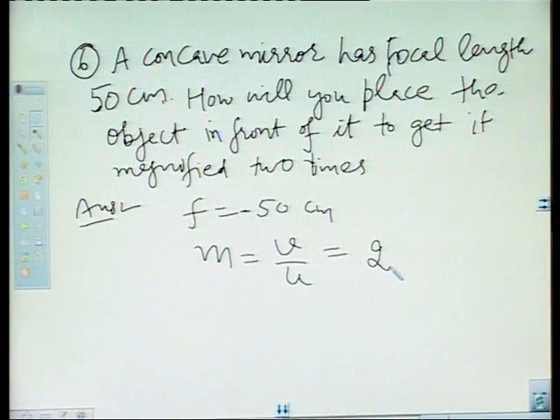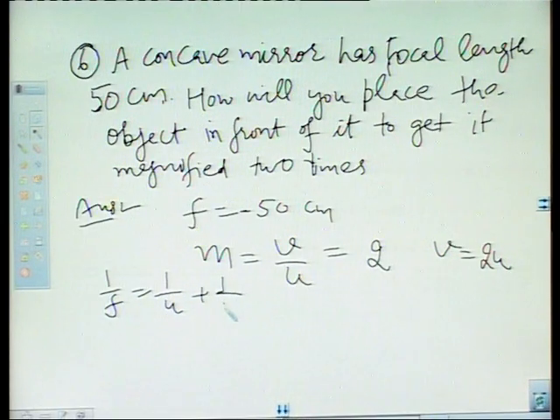So we have v is equal to 2u. Now 1 upon f is equal to 1 upon u plus 1 upon v. This is equal to 1 upon u plus 1 upon 2u.